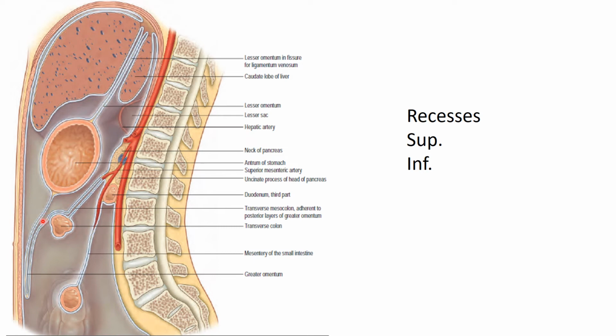The inferior recess lies between the anterior and the posterior folds, or laminae, of the greater omentum. So ideally it should lie up to the folds when they fold upon themselves, but because of the adhesion and fusion with the transverse mesocolon, it is only up to the transverse mesocolon.